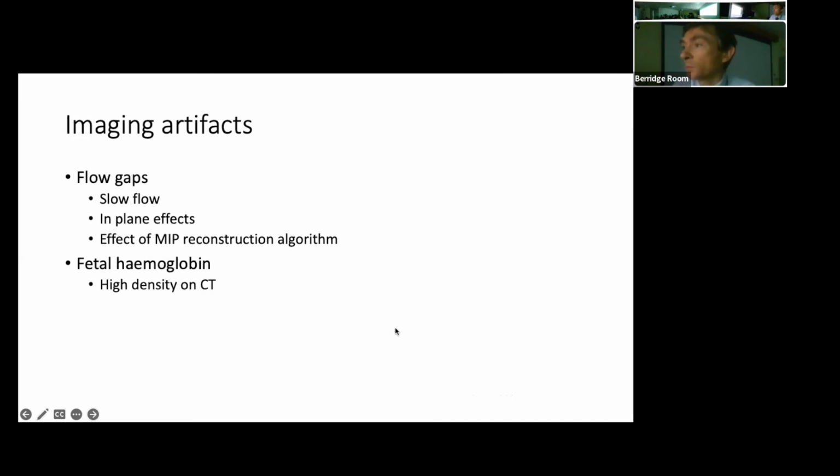Okay. So then I wanted just to have a look at some of the imaging artifacts that we see that can be confusing on MRV.